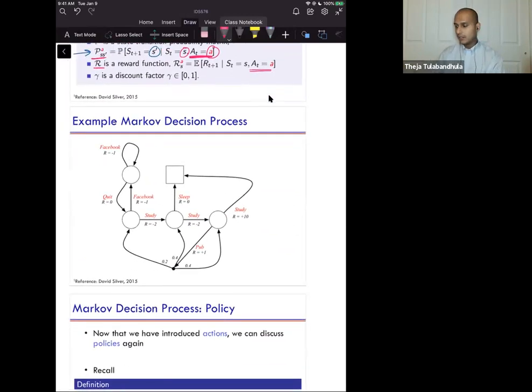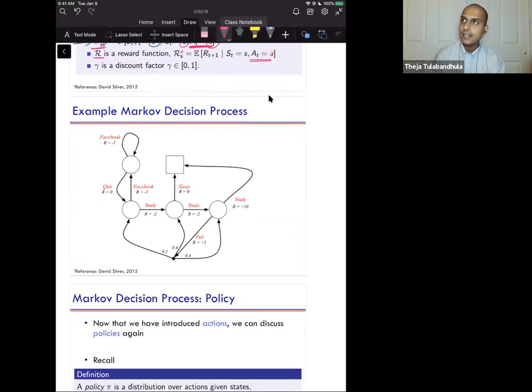So if you come back to the running example that we had of a small Markov chain and Markov reward process, in the Markov decision process what we did is shift the states. So the states have not changed. The states are not named here. What's named here is that if you are in some state and you take the action study, then you'll be in some other state, and because you took the action study in this state, you'll get a reward.